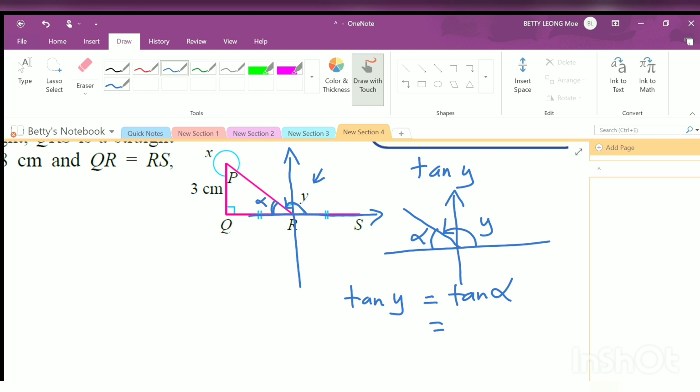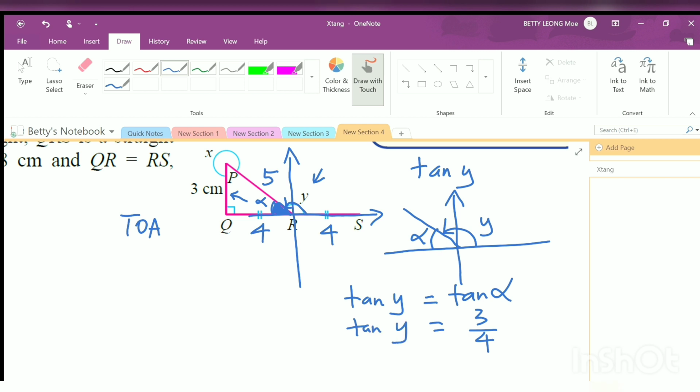Once again, here it is 4, and this is already 5. So tangent alpha, you remember, Uncle Tua: opposite over adjacent. Opposite is this one, 3, over adjacent 4. So your tangent y is 3 over 4.